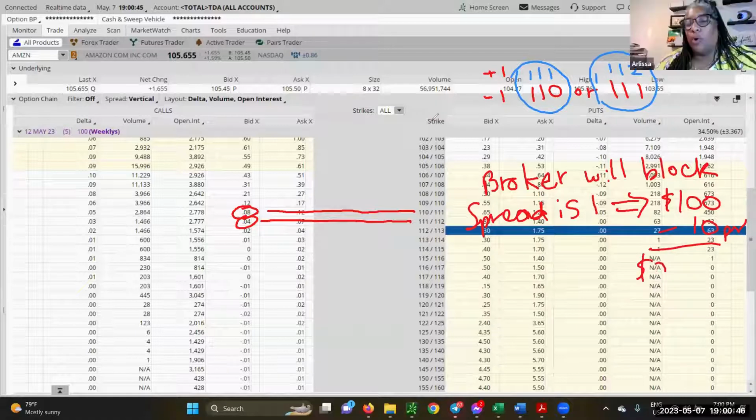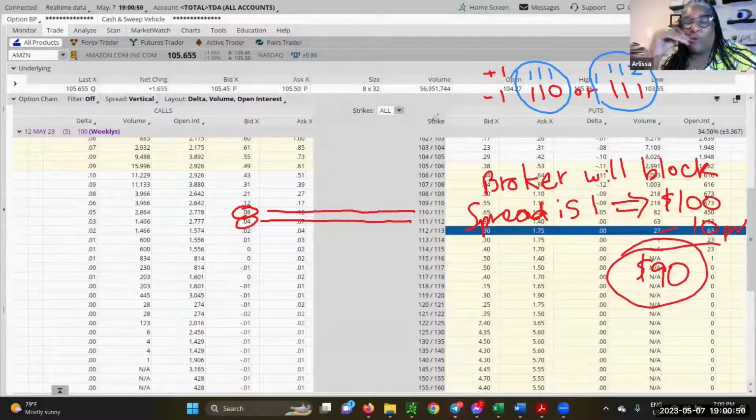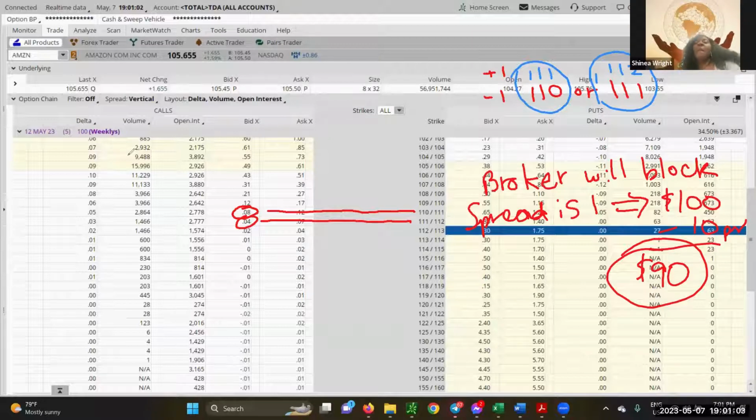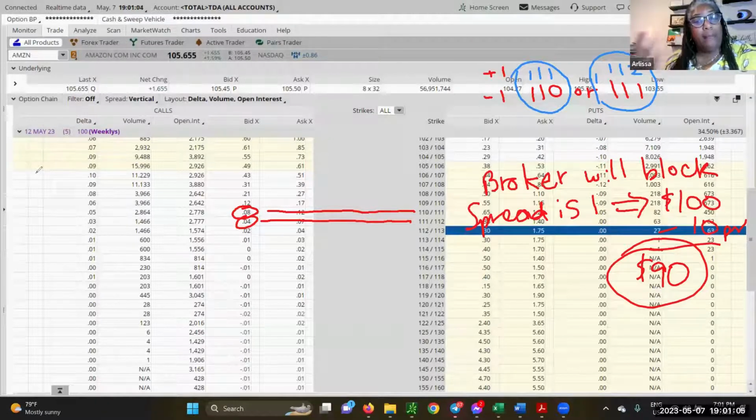The broker will hold $90 as a deposit while this trade is going. Now, $10 for $90 of collateral is about a 10% return on your money in 1 week. Not necessarily bad, but you could think, I might want a few more dollars than that.